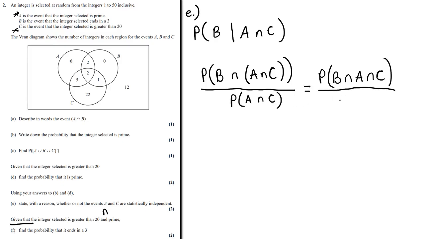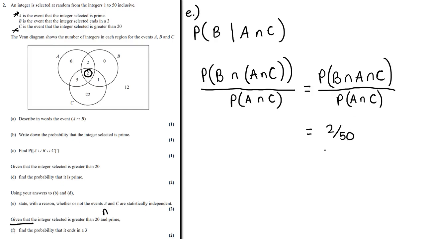And then we divide this by the probability of A intersection C. Okay, so the probability of B intersection A intersection C, so that's just where do A, B and C all meet essentially on the Venn diagram. And in that case, that would just be simply this value here. So that means we've got two values there, or two integers. And if that's a probability, that would be 2 out of 50. There's 50 possible integers, so that's going to be 2 out of 50 for the numerator.